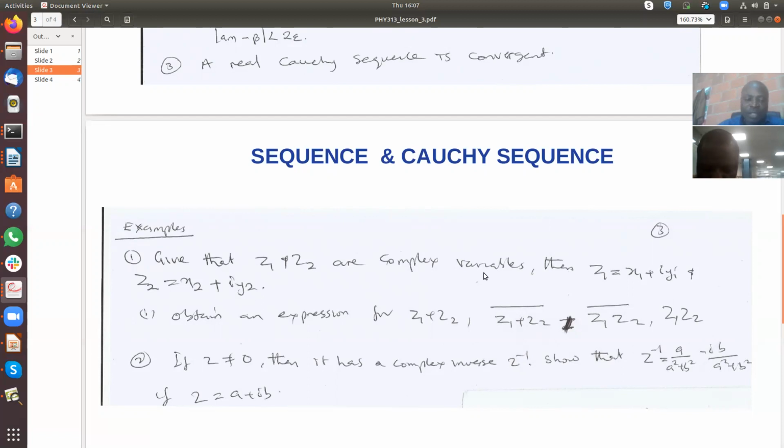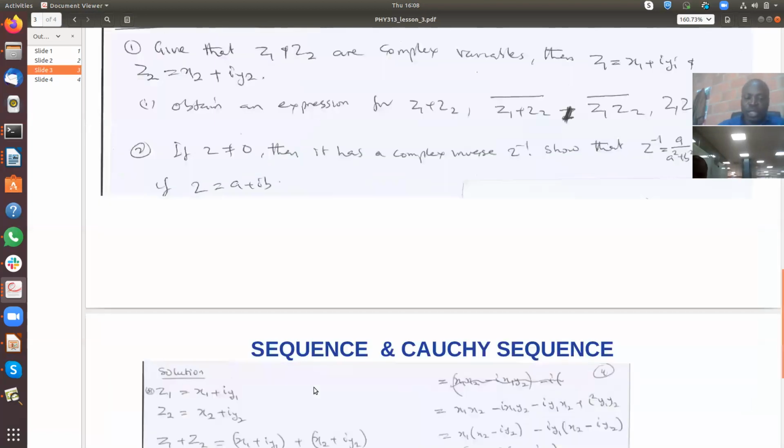So the question is: obtain an expression for z1 plus z2, the conjugate of the addition of z1 and z2, the multiplication of z1 by z2, and the conjugate of the multiplication of z1 by z2. The second question is that if z is not equal to 0, then it has a complex inverse; show that this is equal to this, if z equals a plus ib. So these are the problems.